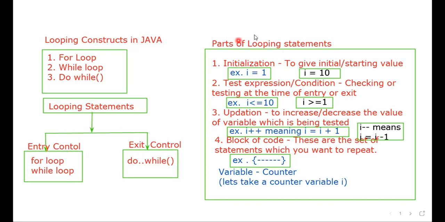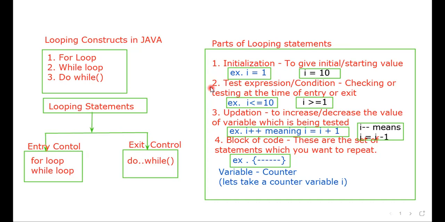Very good. Then we have read about the parts of looping statements, which are: number one, initialization, which means to start the value, and this is done only one time.